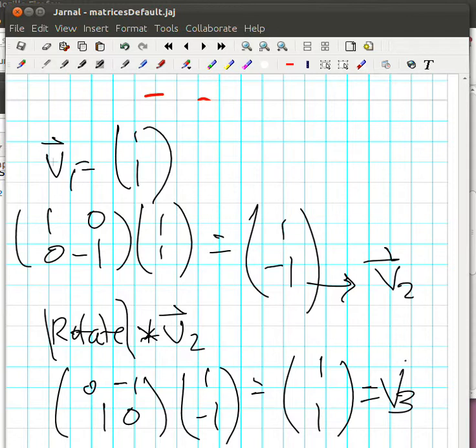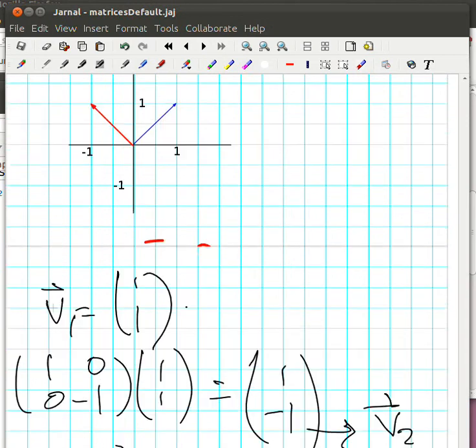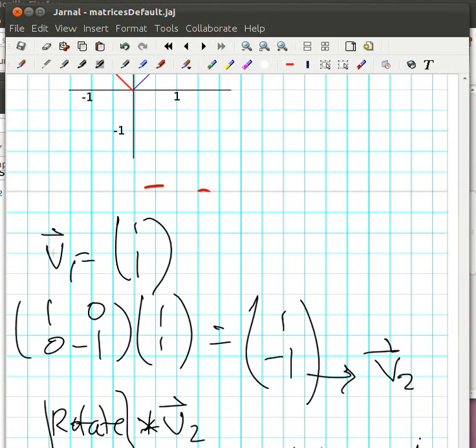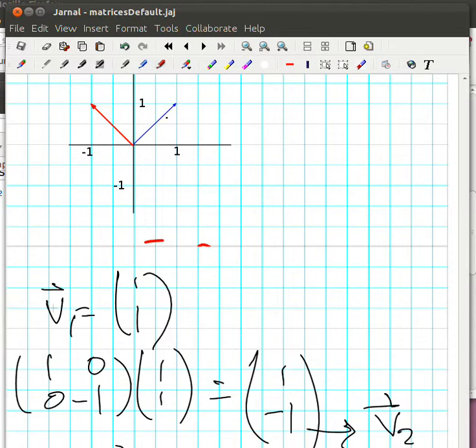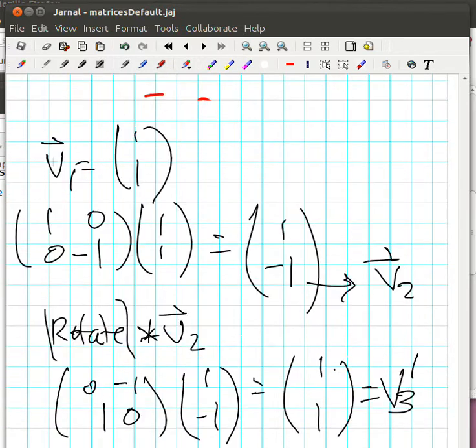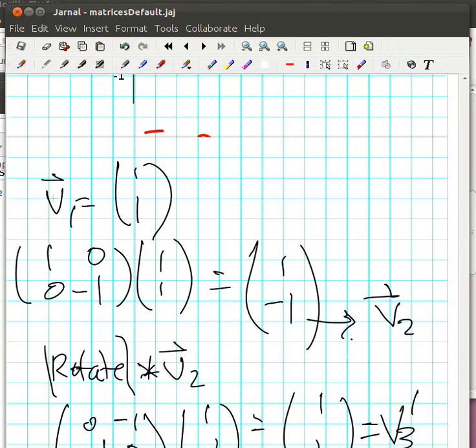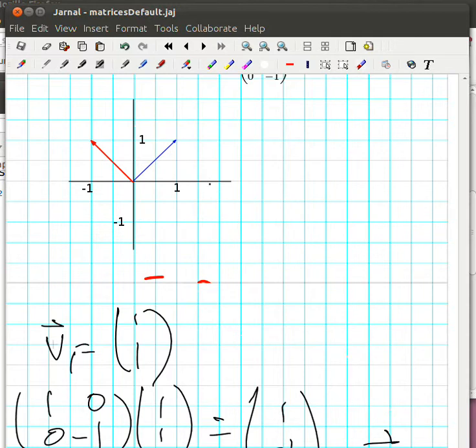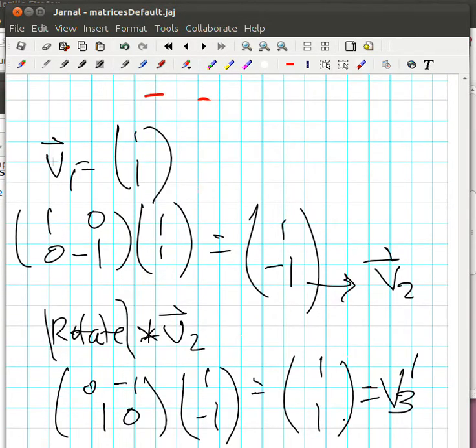And we can see that first it would be a reflection from our first vector, which would be 1 and -1, so that goes here, and then when we rotate it, it goes back here. So it comes back to the original vector, 1, 1, because we started with 1 and 1.